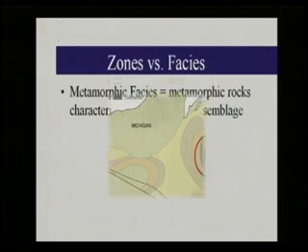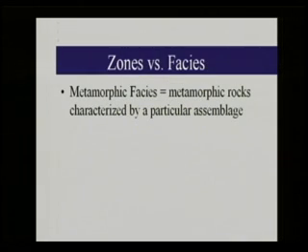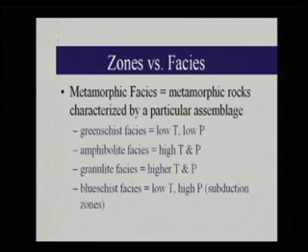There's another way to look at varying degrees of metamorphism by the rocks that are present, and we can look at facies as opposed to zones. A metamorphic facies is a group of metamorphic rocks that are characterized by a particular mineral assemblage. We're not just basing this on one rock. We can have a green schist facies that is indicative of low temperature and low pressure.